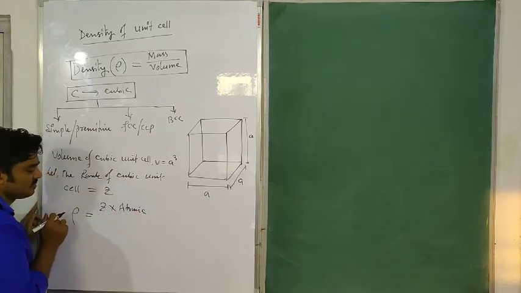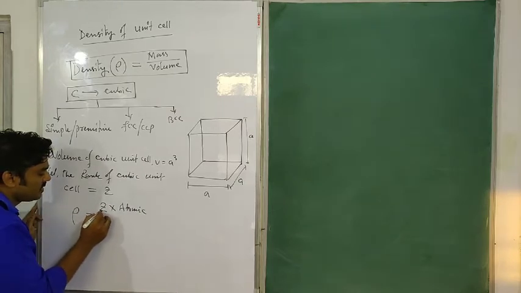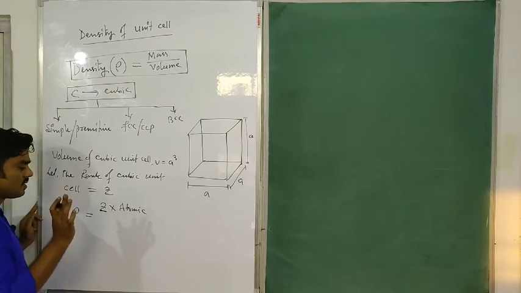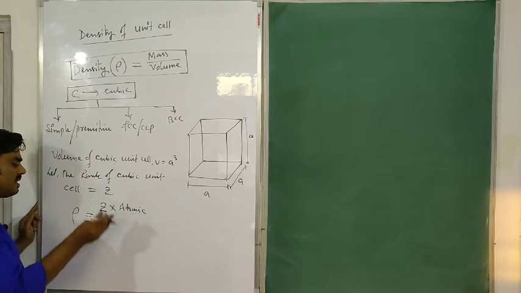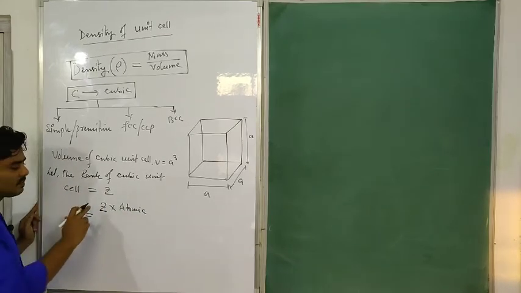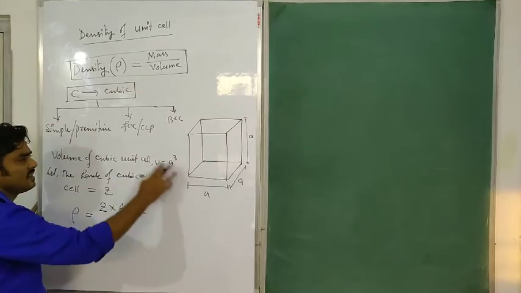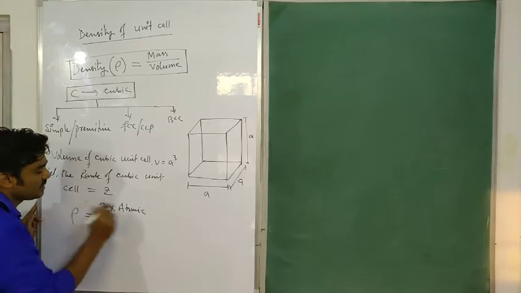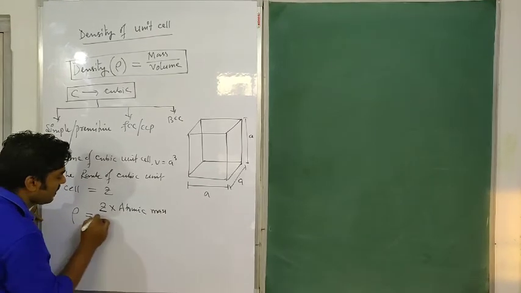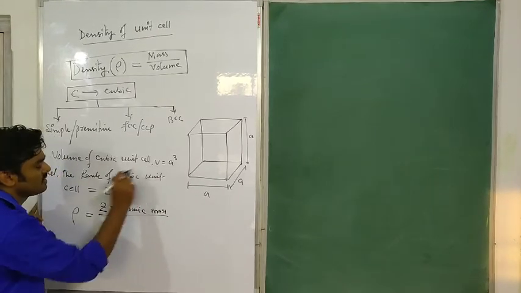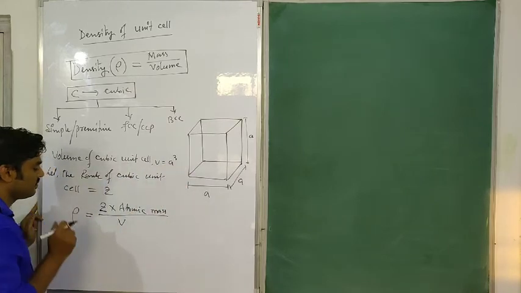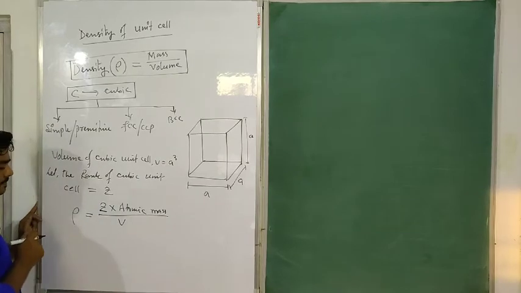If we know the mass of an atom, and suppose there are Z number of atoms, either it may be 2, it may be 3, it may be 4, it may be 100, if we multiply them we will get the mass of that unit cell. Okay, so Z into atomic mass divided by volume. The volume is represented by V, and in case of the cubic unit cell it is a cube.